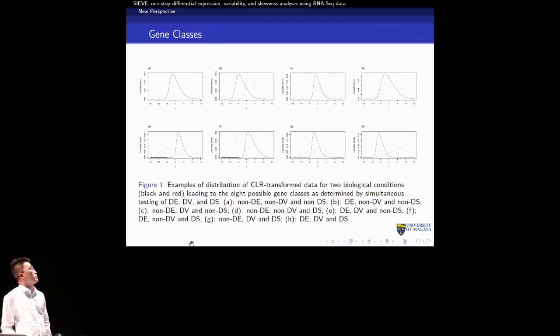Here, figure 1 shows that our method SIEVE can identify the 8 classes of genes. Traditional DE methods can only identify 2 types of genes, which means non-DE and DE.